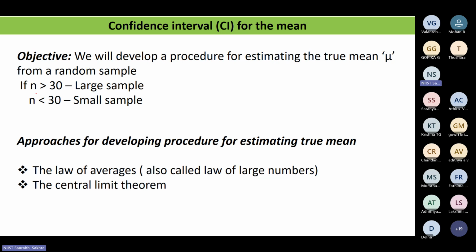If my sample size is more than 30, I will categorize it as a large sample, and for a large sample I can apply the normal distribution. If my sample size is less than 30, I will categorize it as a small sample and I have to apply the t distribution.